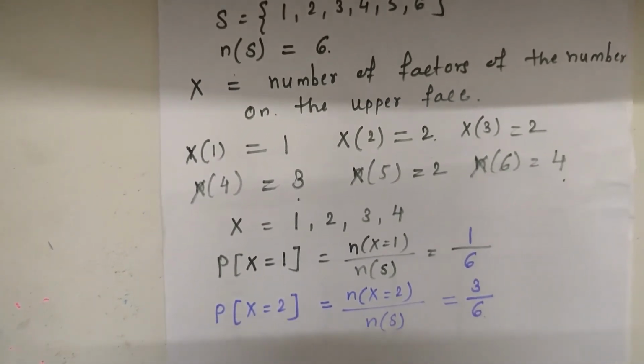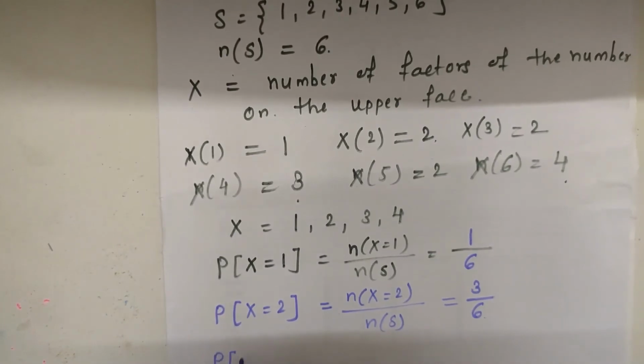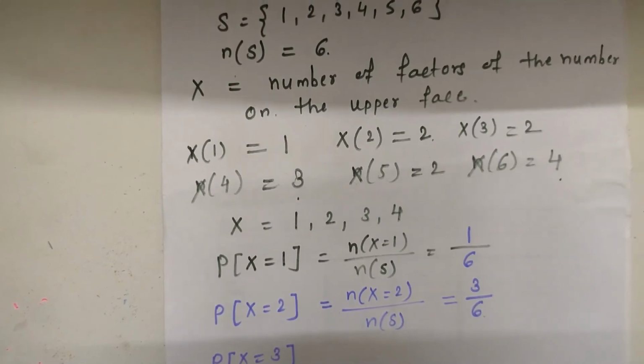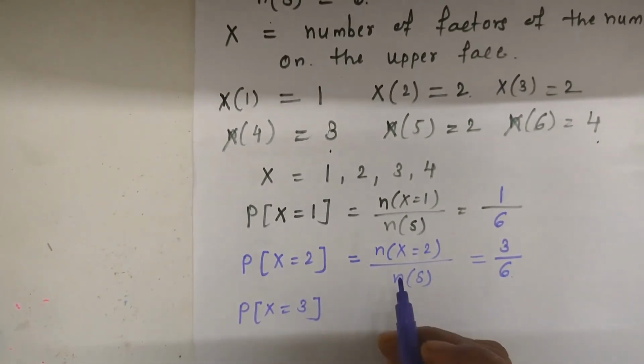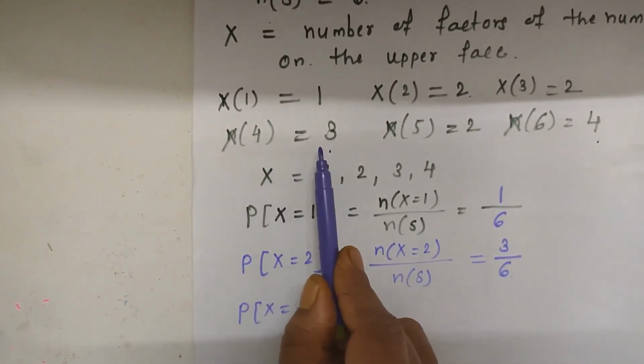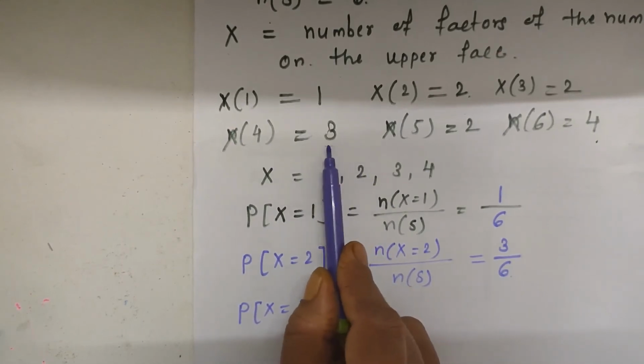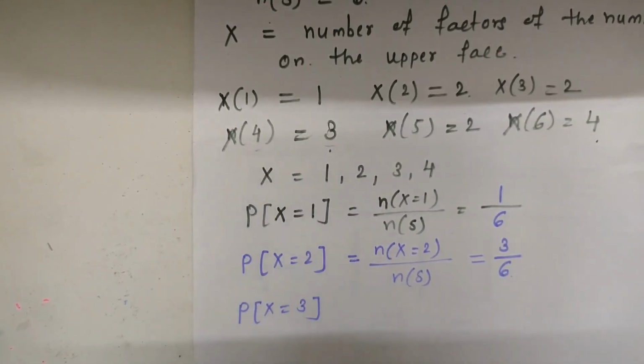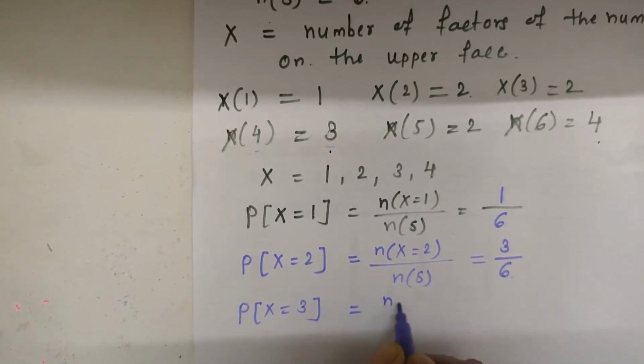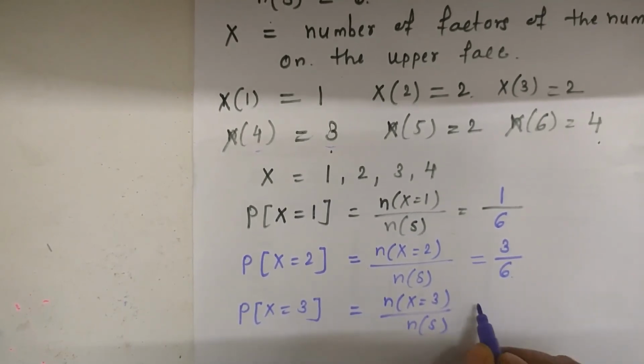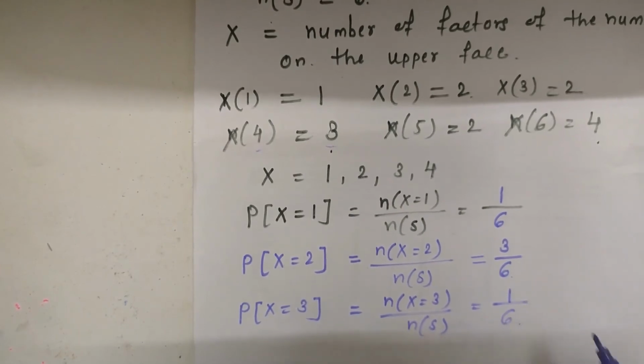Now the probability for x equal to 3 means the number of factors is 3. Only one number has 3 factors, and that number is 4. So the probability for x equal to 3 is 1 by 6.